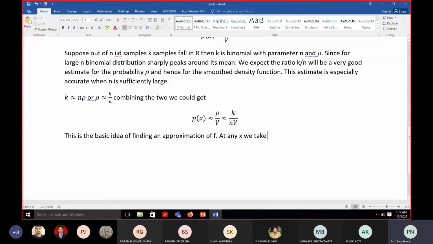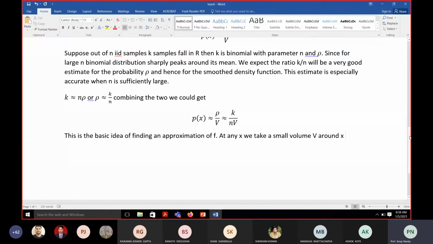We take a small volume capital V around x, because we are considering a region, so the region is a sphere.